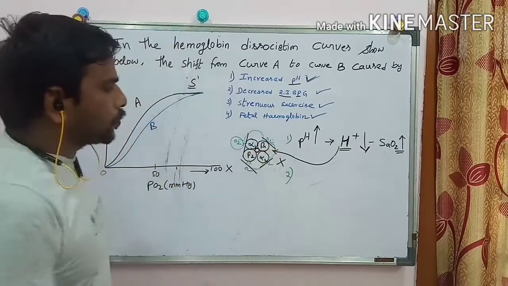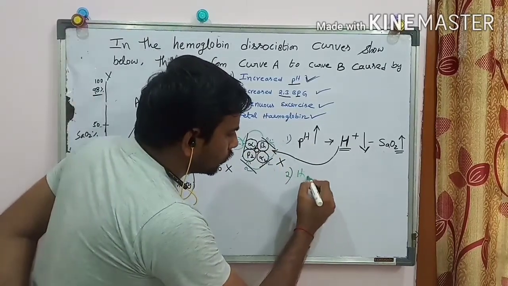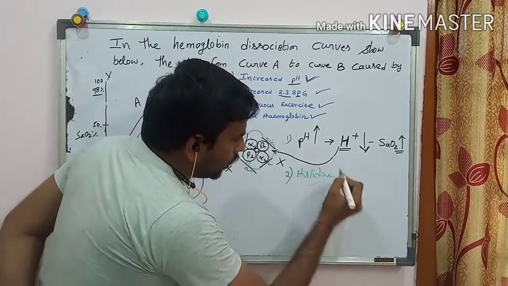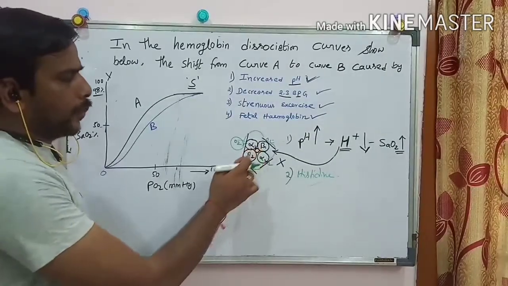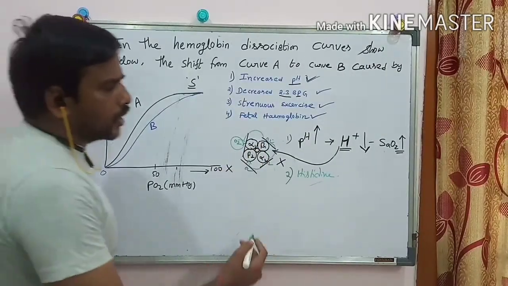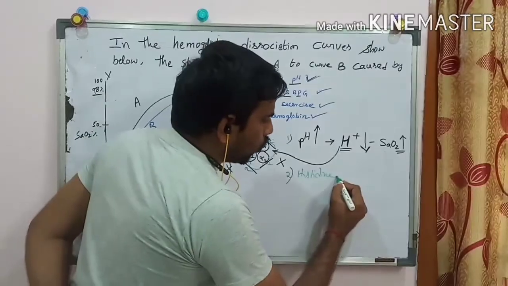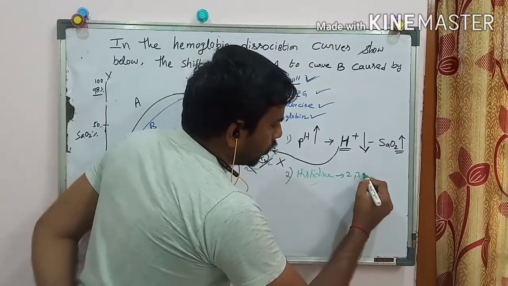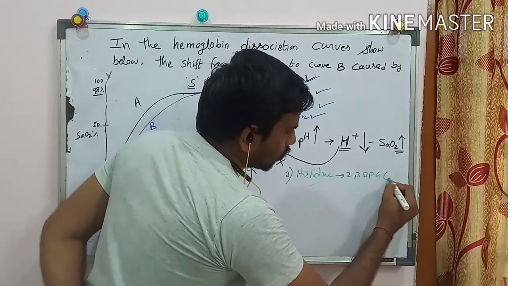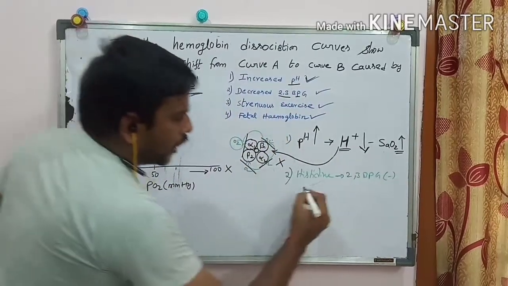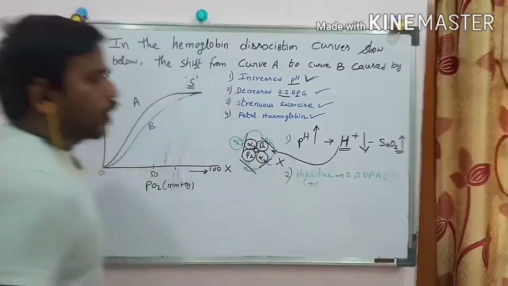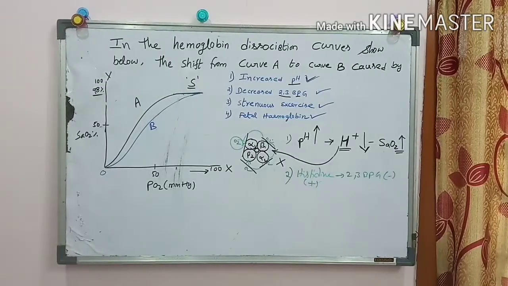There is a histidine. Histidine will be there in the beta subunits. These histidines will react more with the 2,3-BPG because it is negatively charged and histidine amino acids are positively charged, right?